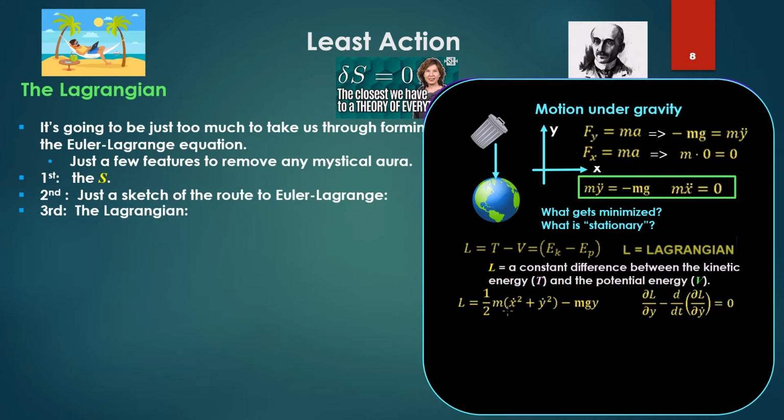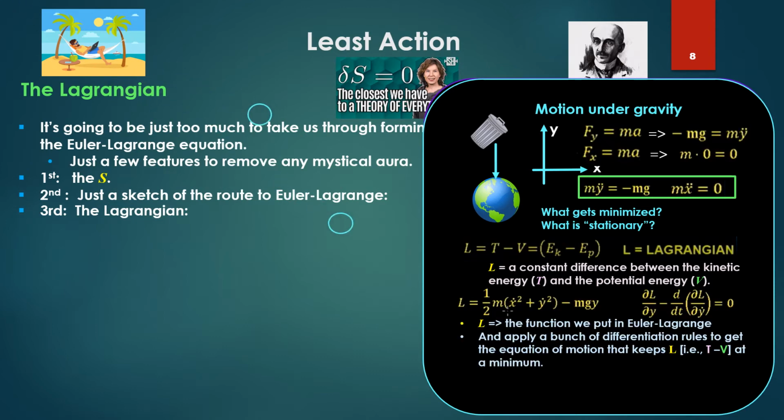And then we have our Lagrangian, same form we've just seen. Notice we're throwing the L as the function, dL over dy. And so L becomes the function we put in Euler Lagrange. And we apply a bunch of differentiation rules to get the equation of motion that keeps L, that is T minus V, at a minimum. So nature is always trying to minimize L. That's the idea.